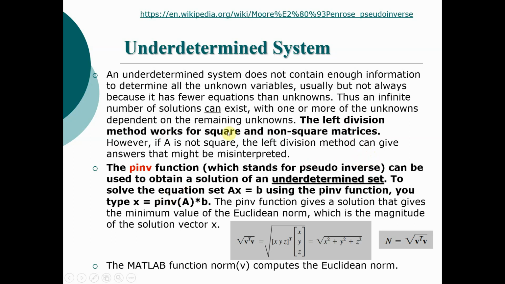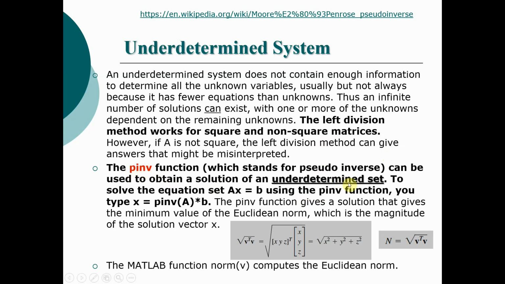We already saw that for a square matrix we can calculate the inverse of the matrix, and for Ax equal to b you can find the solution if the matrix is invertible, as A inverse multiplied by b. We have another function in MATLAB called pseudo inverse.